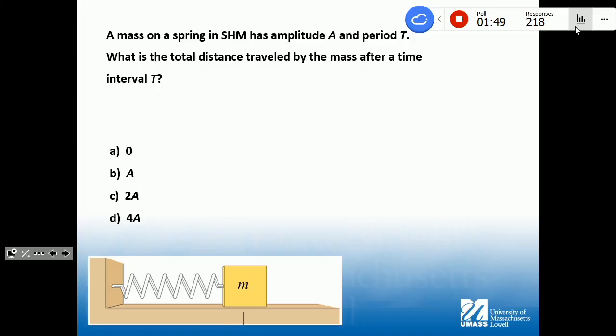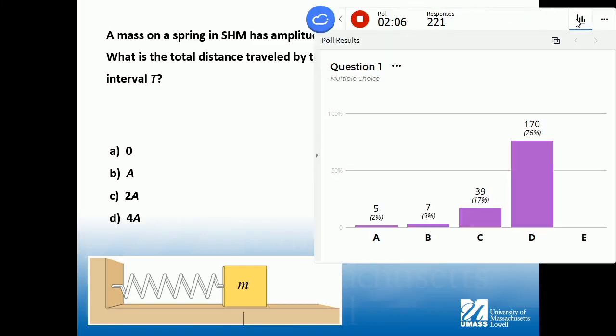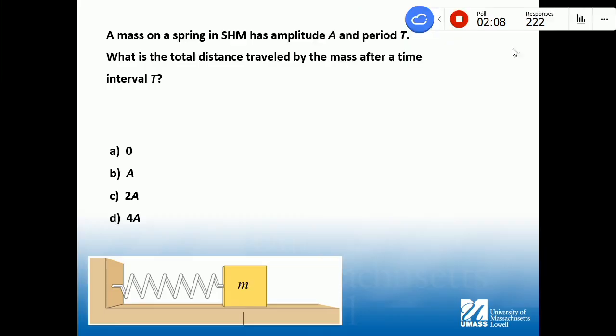Does this make sense? Since amplitude is defined as distance from equilibrium, in one complete cycle, this object has actually traveled 4 times the amplitude. Right? So click the appropriate response. Good. I'm going to close this.